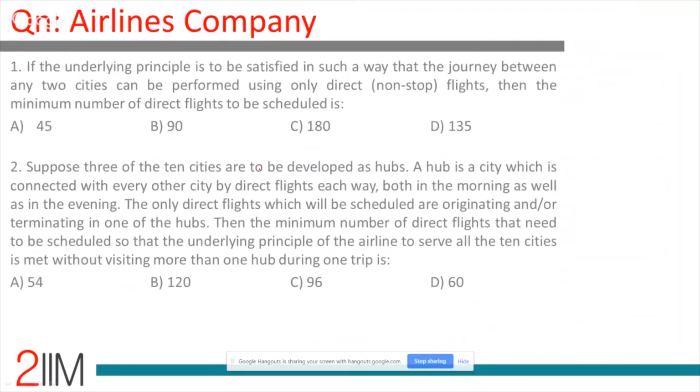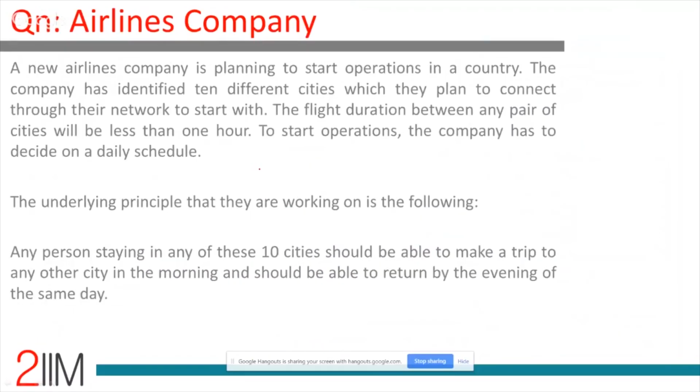And then we jump to question. And I'm going to spend some more time on this thread. The 10 cities. And the idea is you should be able to go from any one city to any other city and be able to return within the day. The time taken is less than 1 hour for any flight from any place A to place B. And then we've not been given much else.